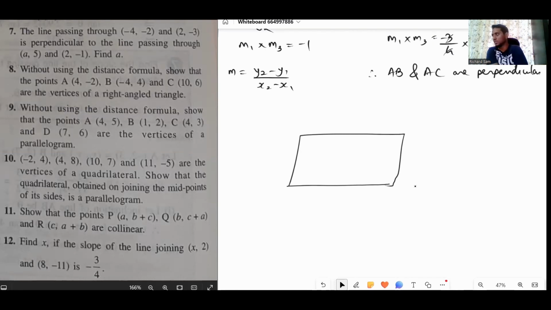Okay, what else? Why is it called parallelogram? Opposite sides are parallel. So these two sides are parallel to each other, and these two sides are parallel to each other. Okay, how do we prove that these 4 vertices are the vertices of a parallelogram?